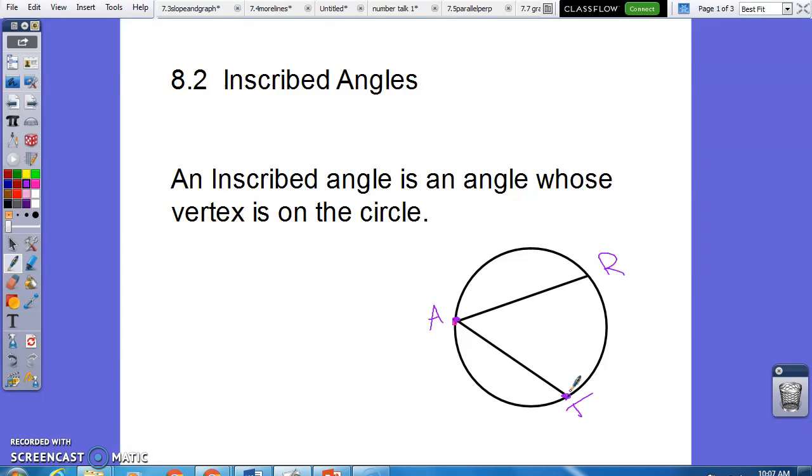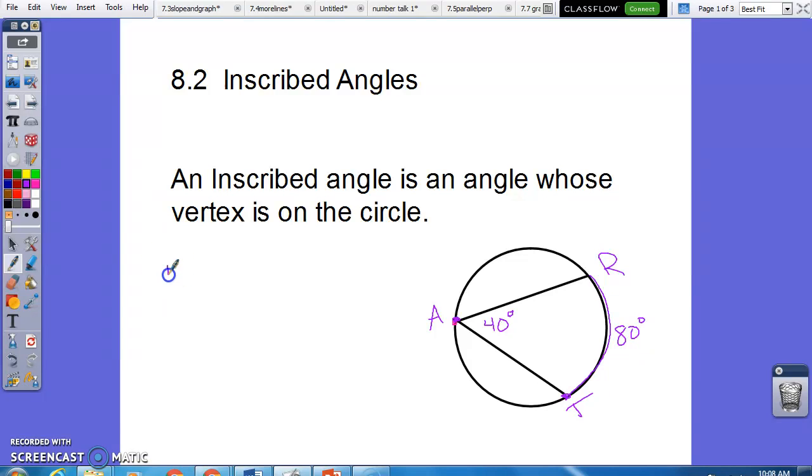Now, if the inscribed angle measures 40 degrees, the arc that it intercepts, arc R to T, would be 80 degrees. So that arc is always 2 times the measure of the inscribed angle.